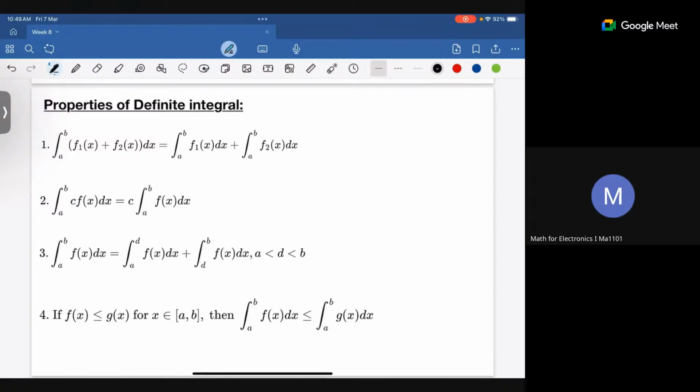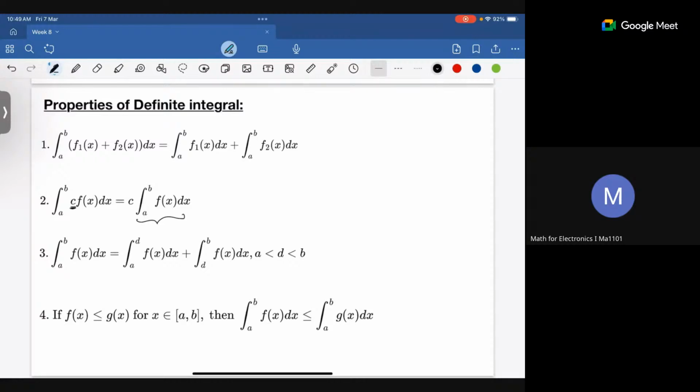And the second one, you have c times f of x inside the integral. You can pull that c out of the integral, compute this integral, and just multiply c to it. So that is the second property. Whatever is independent of x, you would have studied this in your class 11, class 12, right? So if it is independent of x, you pull it out from the integral.